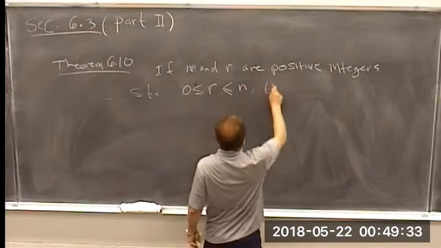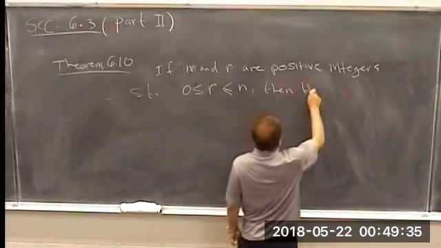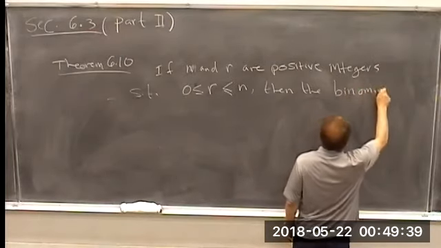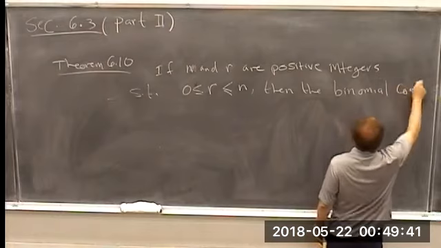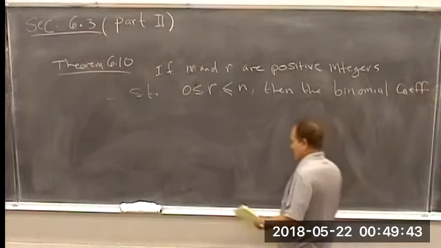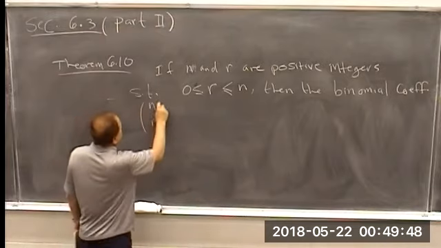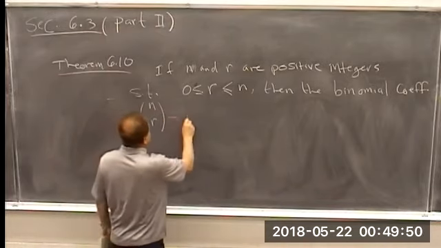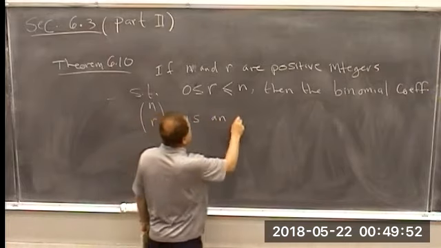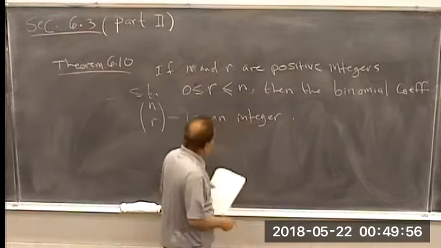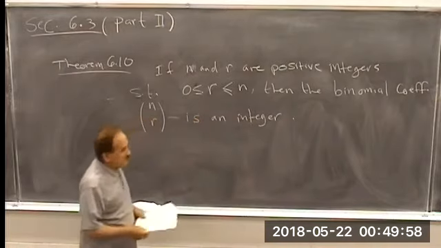Then the binomial coefficient n choose r is an integer. All right.